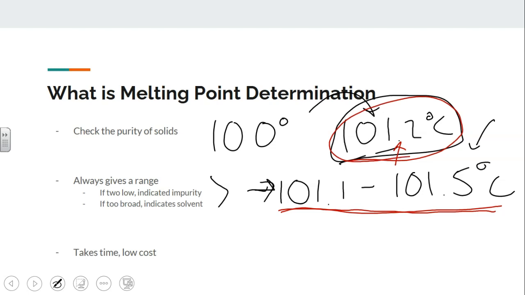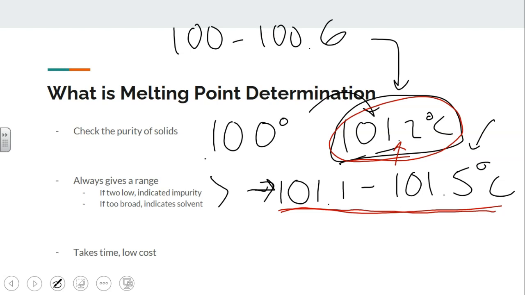And if we had the previous example of a melting point of 100 to 100.6, that does not include the literature value in its range, so it would be impure.